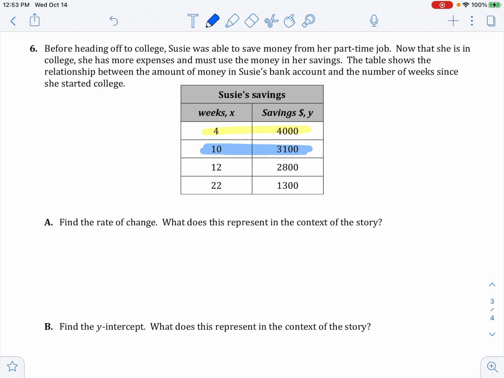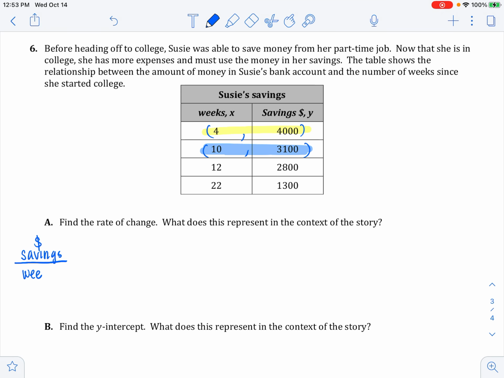All right, so remember, I'm going to use my formula again, where this is my first point and this is my second point. And it doesn't matter which 2 points you pick, you'll get the same answer if there's a constant change, okay? All right, so I'm going to do m equals, and actually first thing I'm going to do is I'm going to write down in words what this is. My y is savings, so this is money.